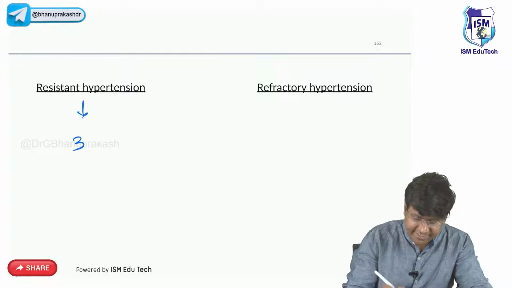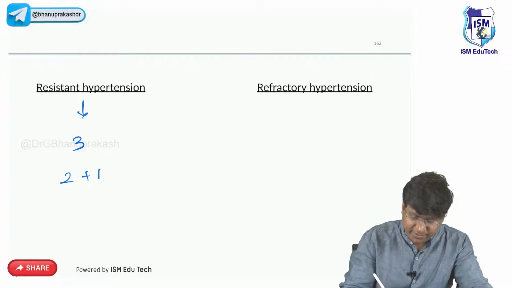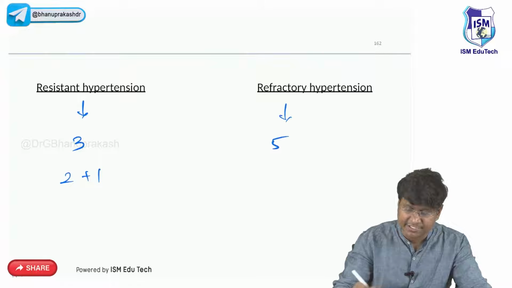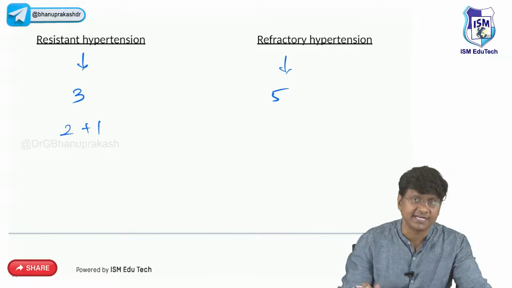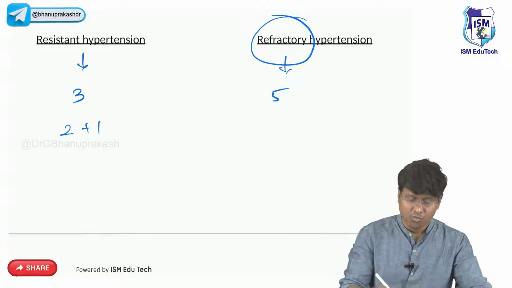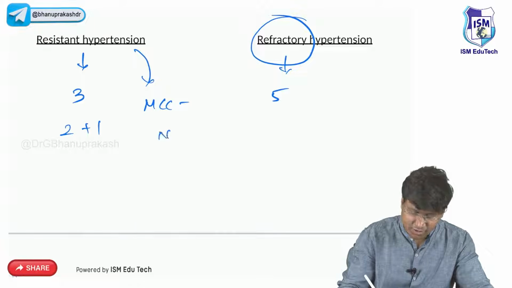Right, so here 3 drugs, so it is like 2 plus 1, and all these drugs should be of different classes, at maximum dose. When do you call refractory hypertension? 5 drugs, different classes, maximum dose, still the blood pressure is not reduced, then it is refractory hypertension. What is the most common cause of resistant hypertension? That is non-compliance.